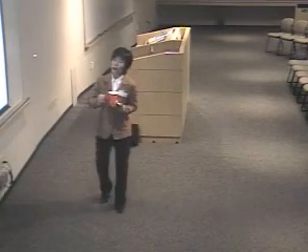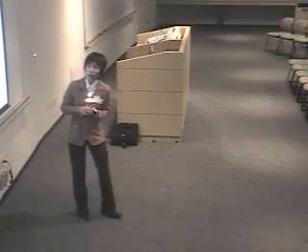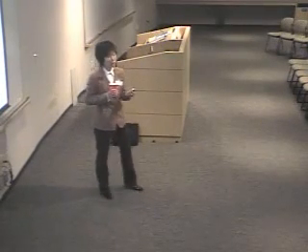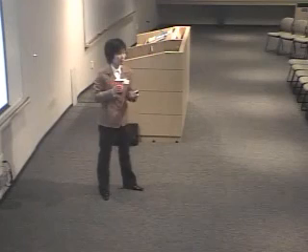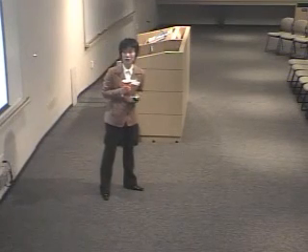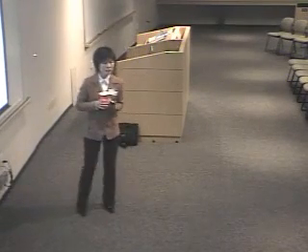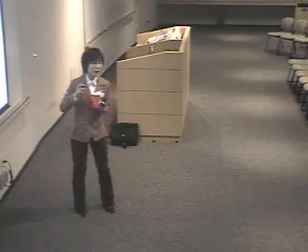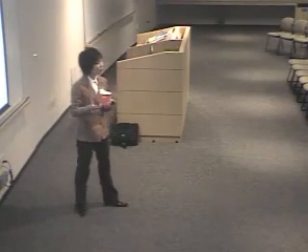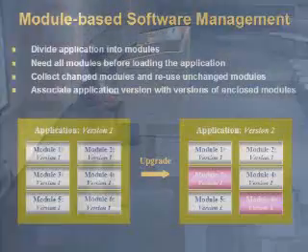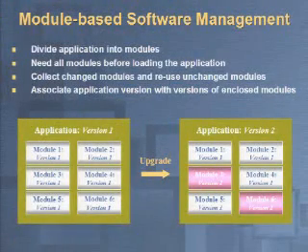For management, we divide each application into software modules. A Zebra needs to collect all the modules before loading the application. That means we can actually collect only the changed modules and reuse the unchanged modules to save the amount of network transmission.